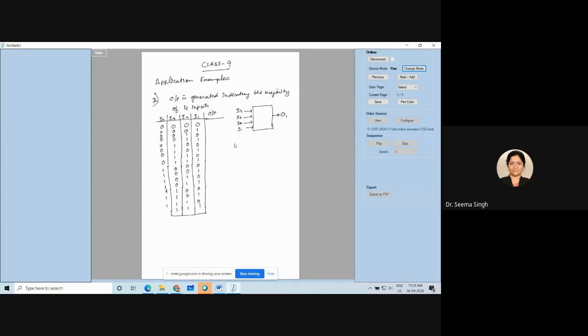1 out of 4, 2 out of 4 is not a majority. Right? So now my truth table is ready.